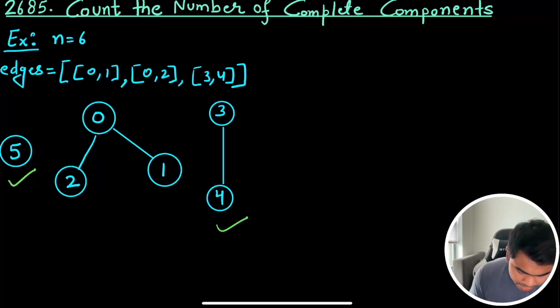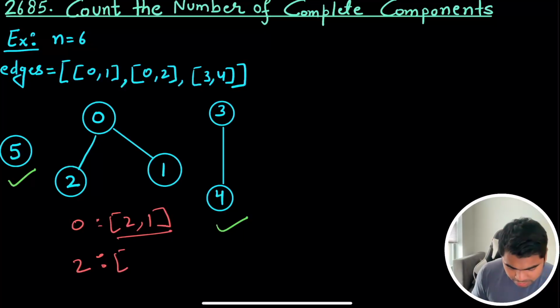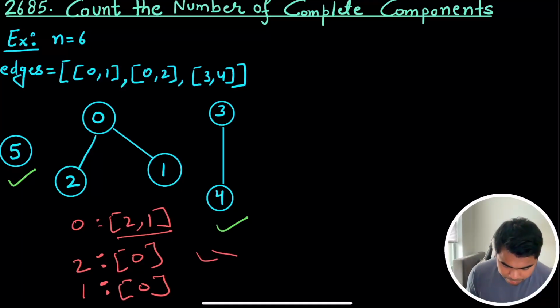And the reason is, well, 0 is connected to 2 and 1, which means 0's neighbors are 2 and 1. 2 is connected to 0 and 1 is connected to 0. But previously that was not the case.